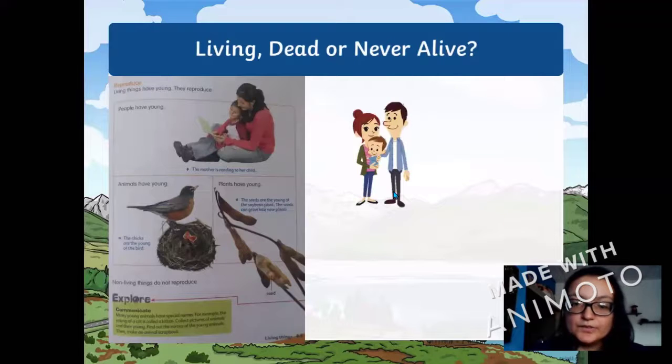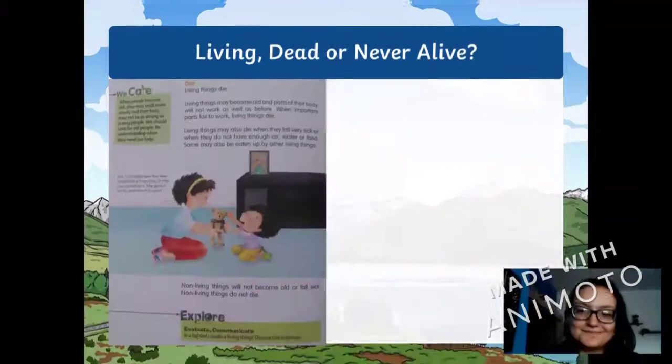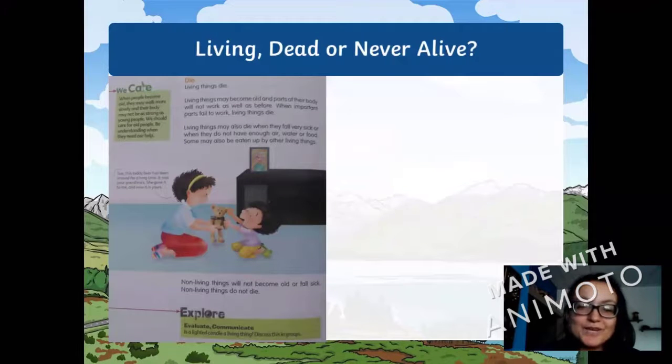Okay, so as you can see here in the pictures, we have families, people and their young, and animals and their young, and we have a plant and its young. So we continue with page 64. Die. Living things die.